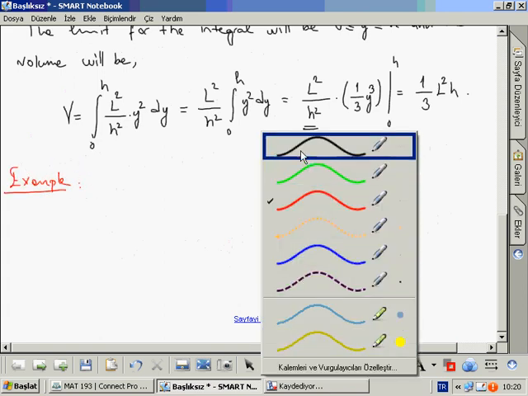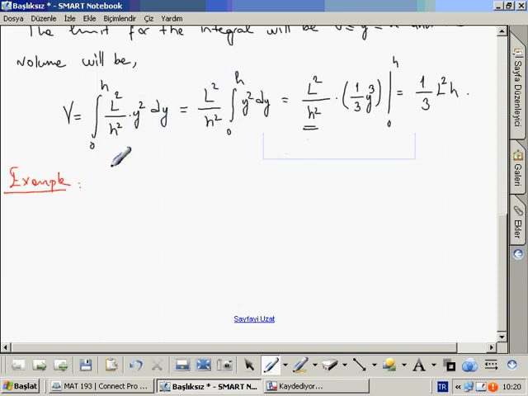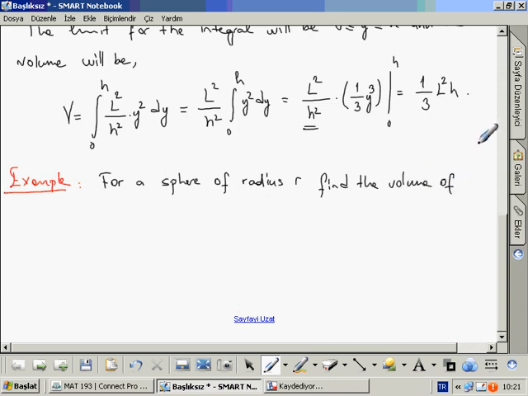For a sphere of radius R, find the volume of the cap of height h.